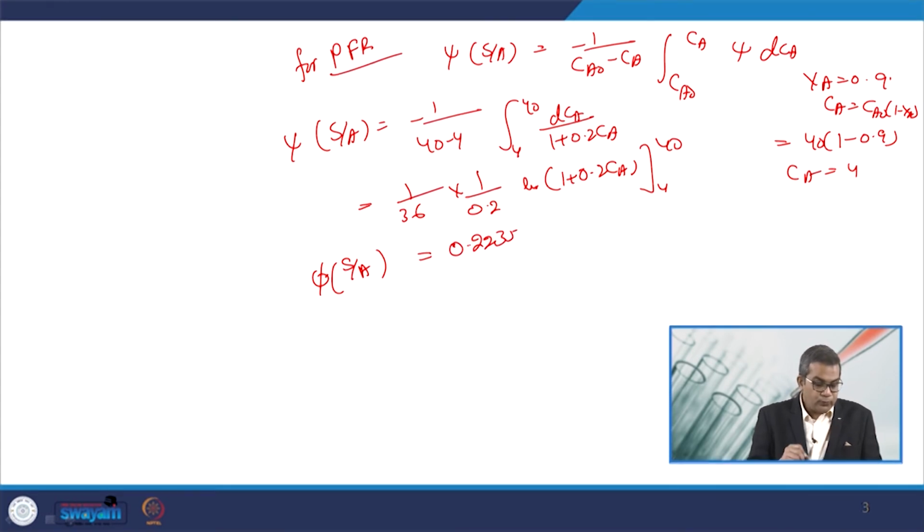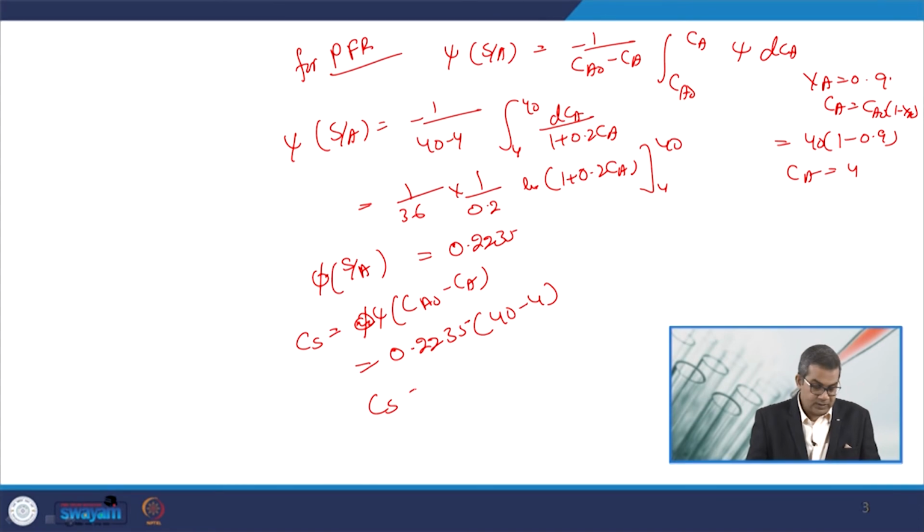equal to 0.2235. So the final concentration of the desired product would be Cs equal to psi into (Ca naught minus Ca), that is 0.2235 into (40 minus 4), and this Cs comes out to be 8.047.